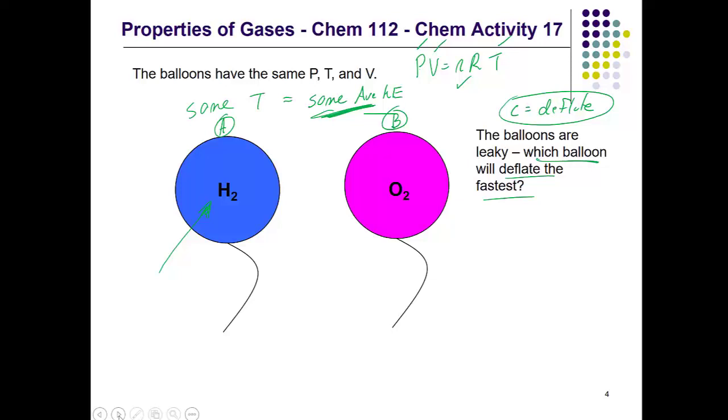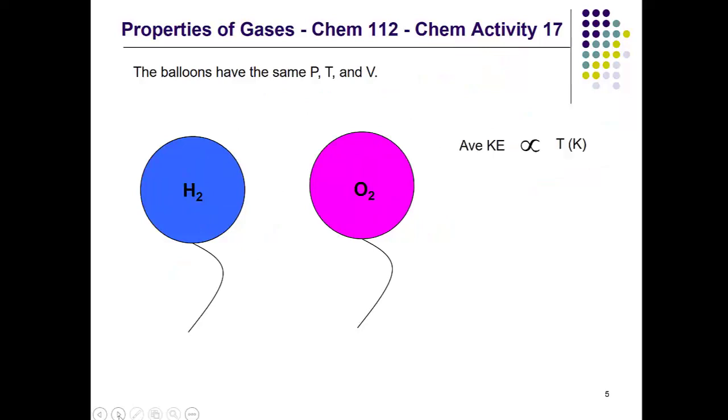To help you understand this, I'd like to draw your attention to an equation which essentially outlines this idea. We acknowledge that the average kinetic energy is proportional to the temperature in Kelvin. Now this equation is found on your formula sheet and is derived from thinking that the average kinetic energy, essentially energy, can be related to the speed of a particle based on our kinetic expression as the following.